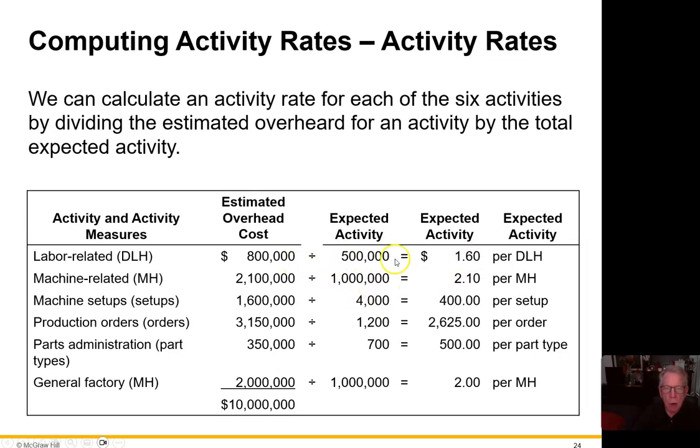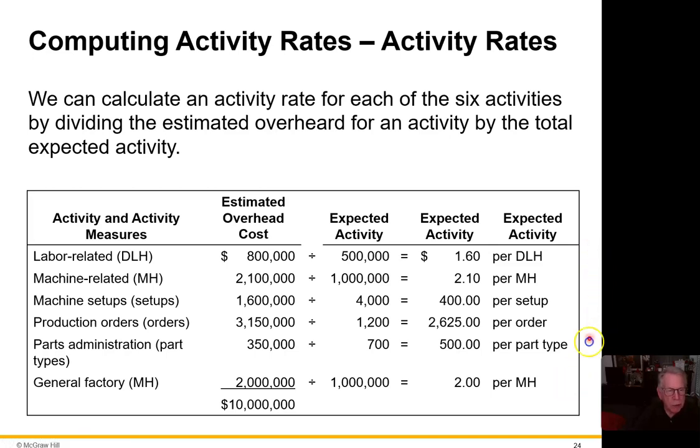So here we're going to calculate $1.60 per direct labor hour, $2.10 per machine hour, $400 per machine setup, and $2,625 per production order, and $500 per part type.